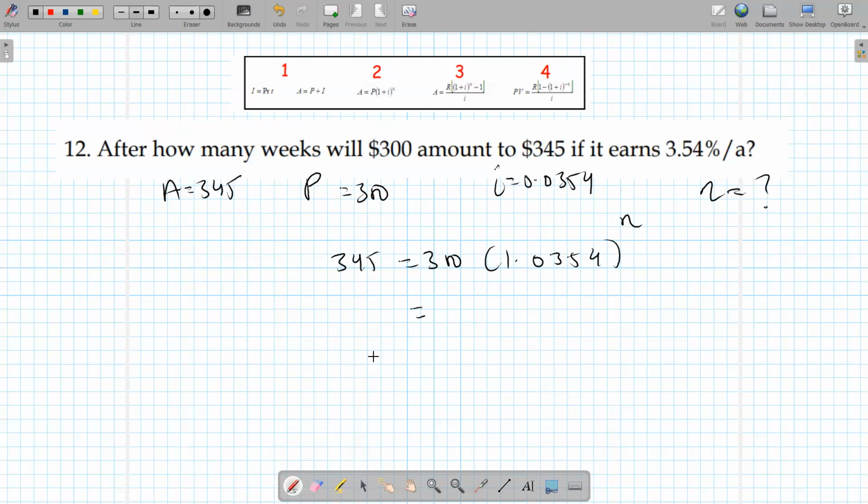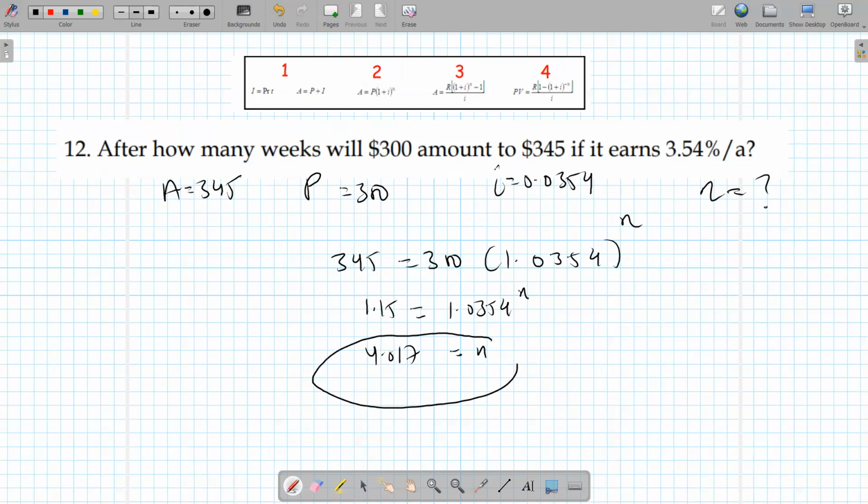How do we solve this for n? You divide by 300. Okay, so 345 divided by 300, that is 1.15. What's next? You use log. Right, so if you use log, what do we get? 4.017. Yeah, 4.017 is n.